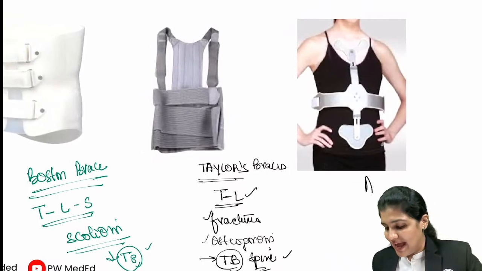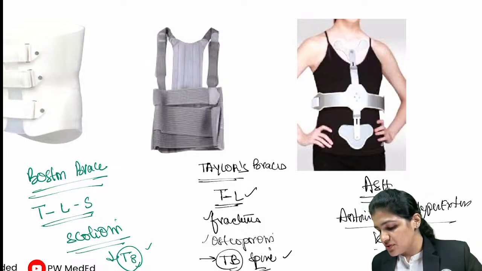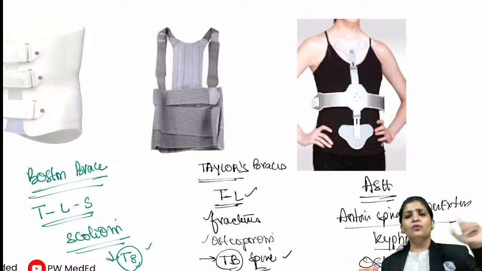And then this is your Ash brace. What is Ash? Anterior spinal hyperextension. This particular Ash brace is used for treating kyphosis in case of osteoporosis. In osteoporosis, you mainly get kyphosis, or you can get vertebral fractures.